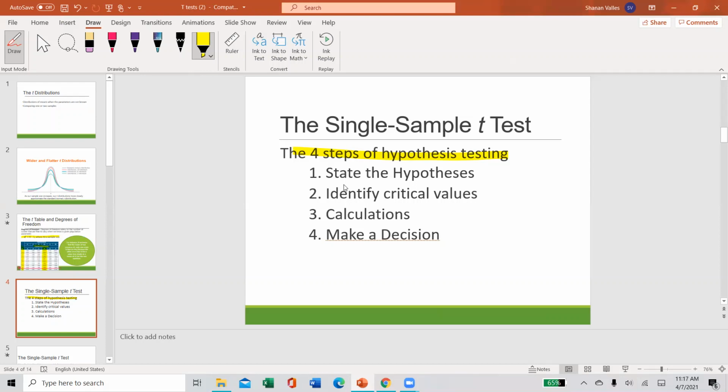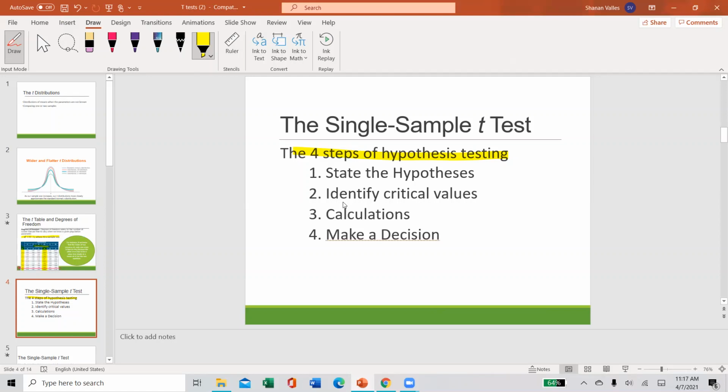So we're going to have to do one of those. All of these steps are necessary in ultimately deciding whether you have evidence to support your alternative hypothesis or you don't have enough evidence and we are going to have to stick with the null hypothesis at that time.